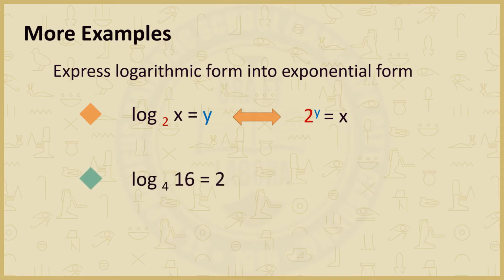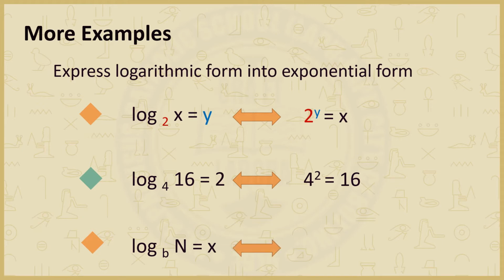If we have the logarithm of 16 to the base 4 equals 2, its exponential form is 4 raised to 2 equals 16. If we have the logarithm of n to the base b equals x, its exponential form is b raised to x equals n.